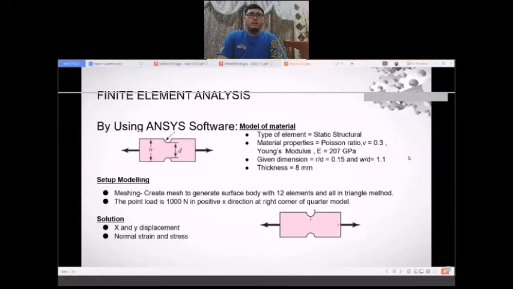After that, the point load is 1000 Newton in a positive X direction at the right corner of the quarter model. For the solution, we only find the X and Y displacement and normal strain and stress at points A, B, and C, as we saw in the picture given.